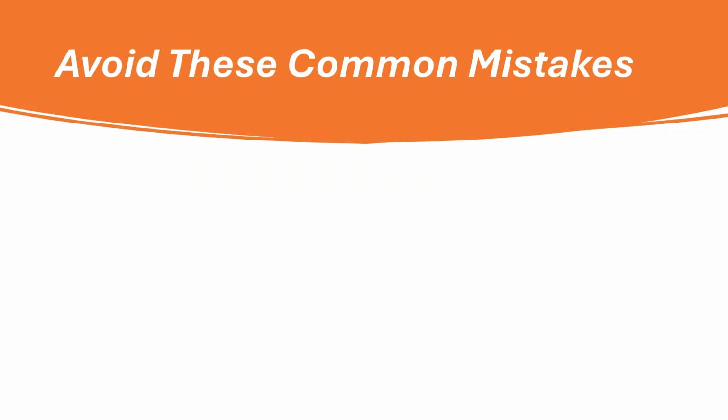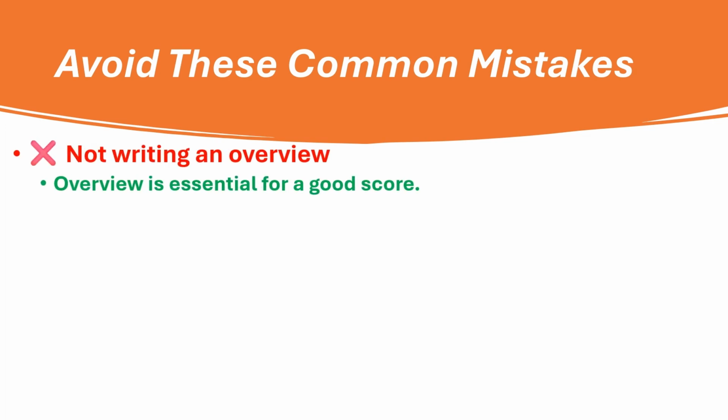Now let's look at some common mistakes that students make in writing Task 1 and how to avoid them. One of the biggest mistakes is leaving out the overview. The overview is essential for a good score because it summarizes the main trends or key features of the data.